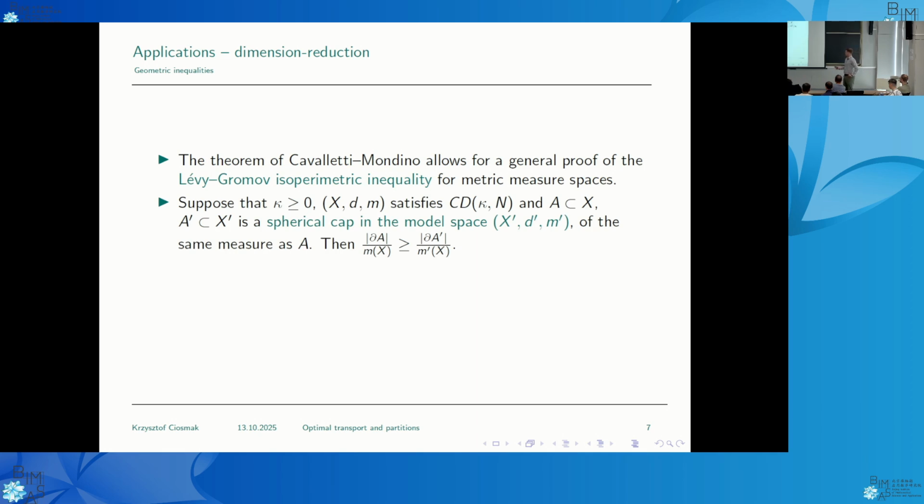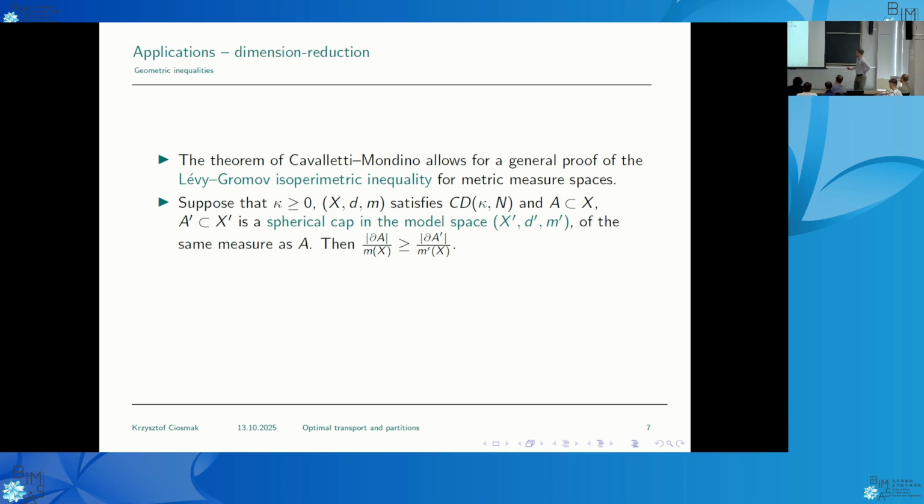Let us suppose that kappa is non-negative, and we have some space that satisfies the curvature dimension condition, and we have some set A in this space X. We are interested in this isoperimetric ratio. So for the isoperimetric ratio, we look at the surface area of the set A, and we divide it by the measure on the space.